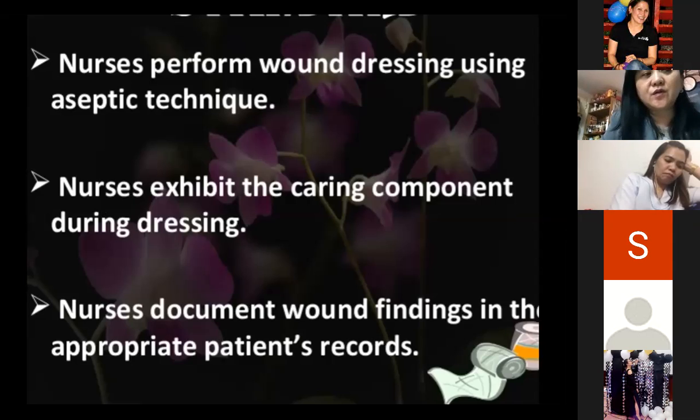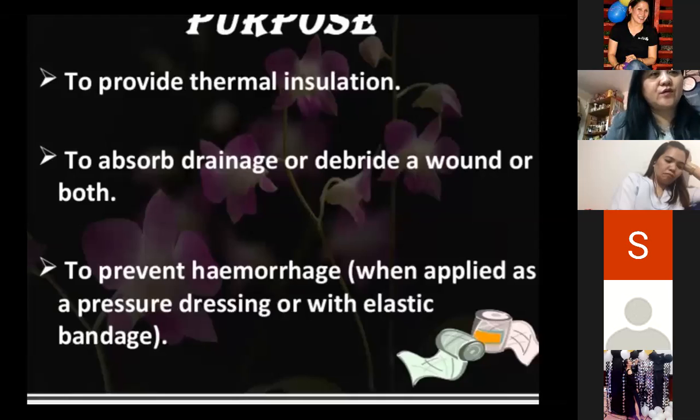And in doing the dressing, nurses should document what are the findings sa pag-dressing nila sa patient natin. Now, the purpose is that we have to provide thermal insulation, observe drainage, and debride the wounds, or both. We have to prevent hemorrhage also when applying that pressure dressing with the elastic bandage.